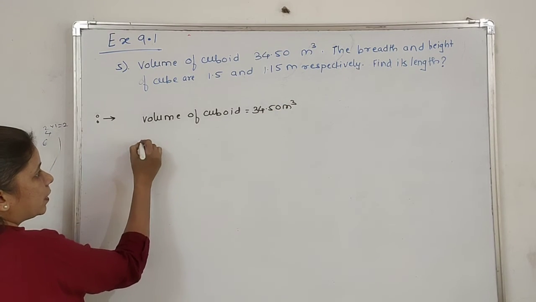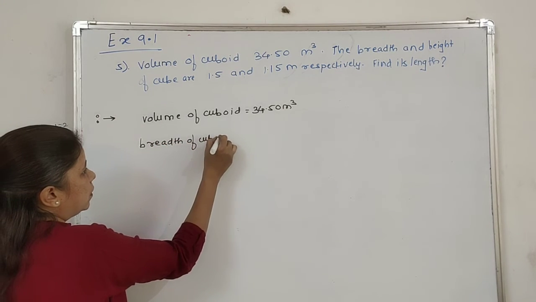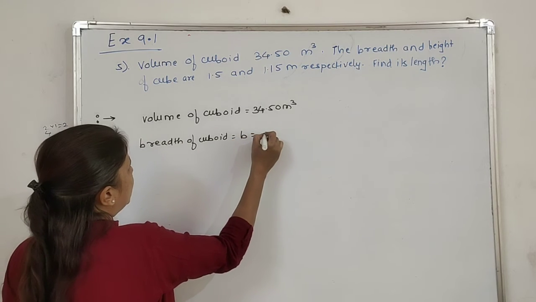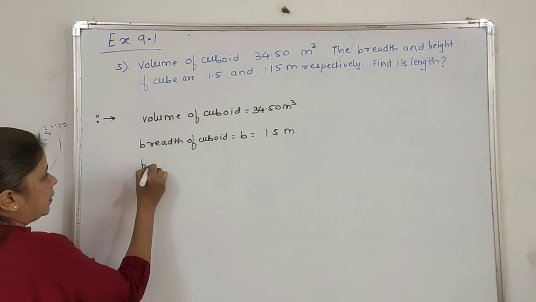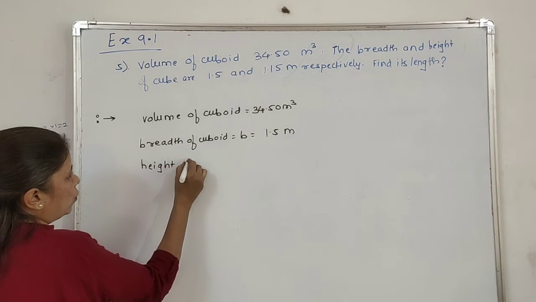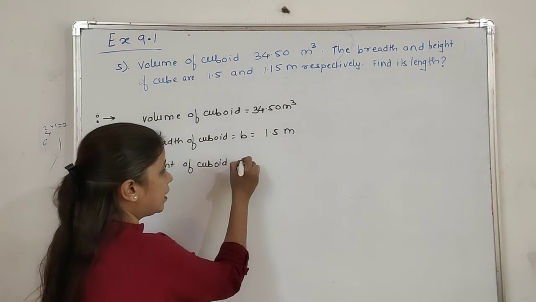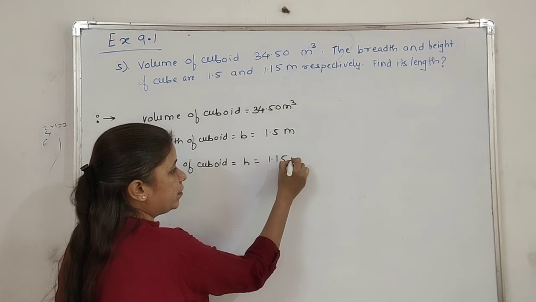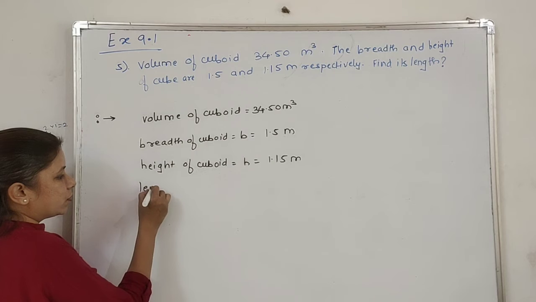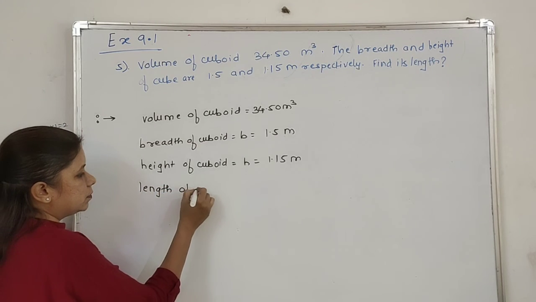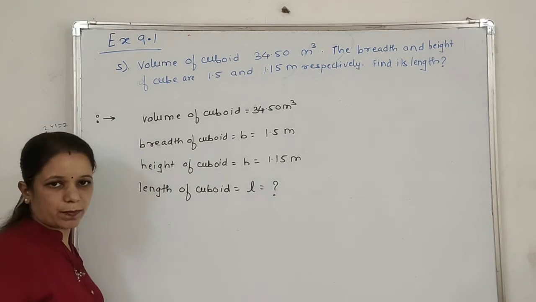Then breadth and height are given to you. So breadth of cuboid B equal to 1.5 meter and height of cuboid, h equal to 1.15 meter. Okay, we have to find the length. So length of cuboid equal to L, and we will put a question mark here.